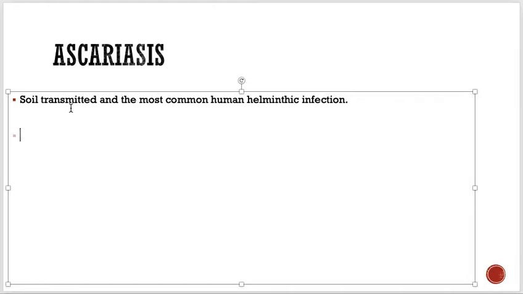According to one estimate, 1.5 billion people are infected. So see how common it is. It is around one-fourth of the world population.